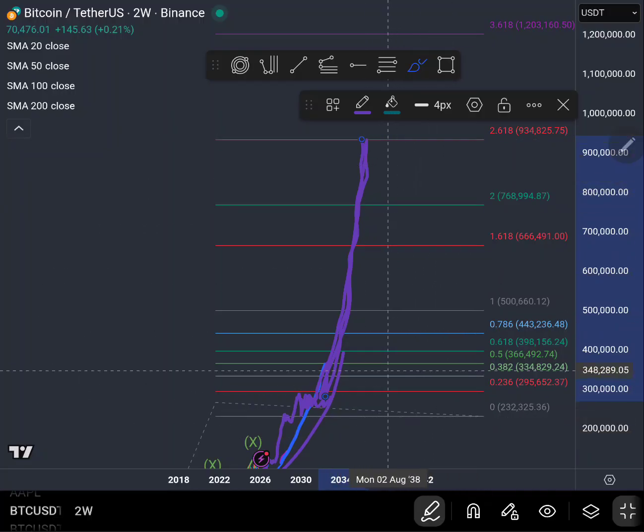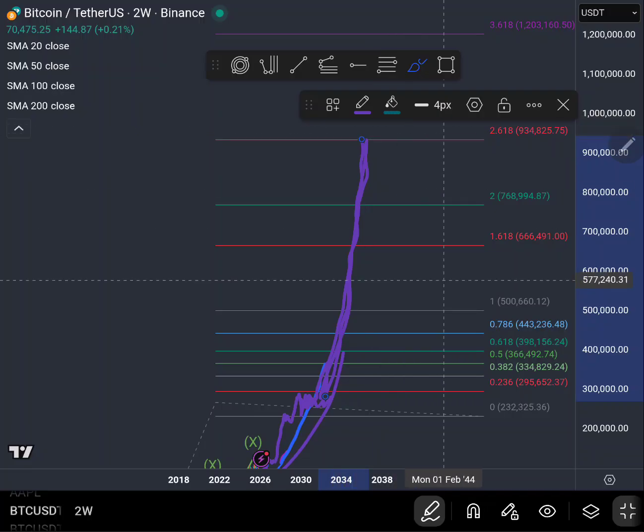I don't know how far, or what's going to happen after that. Potentially price could come all the way back down to 200,000 or 100,000 before it takes off again. It's not easy to say what will happen to Bitcoin after it hits that high.